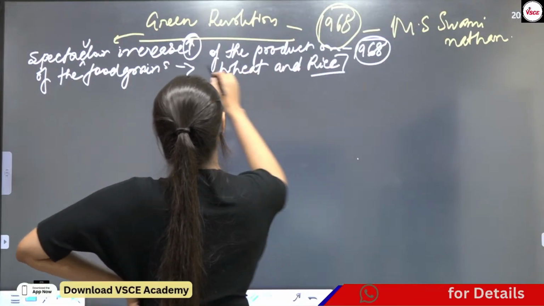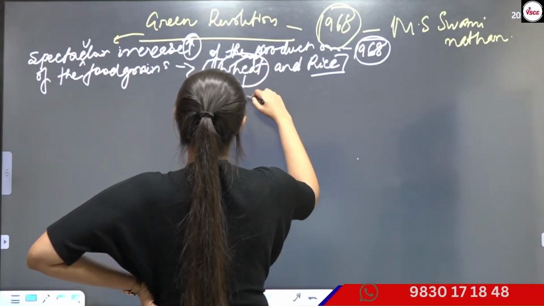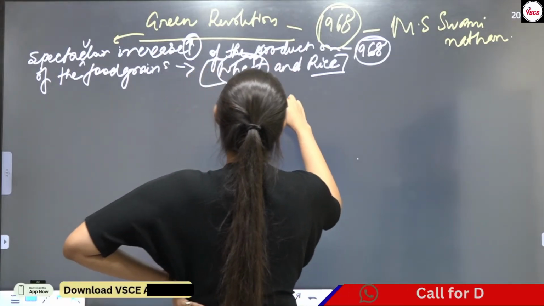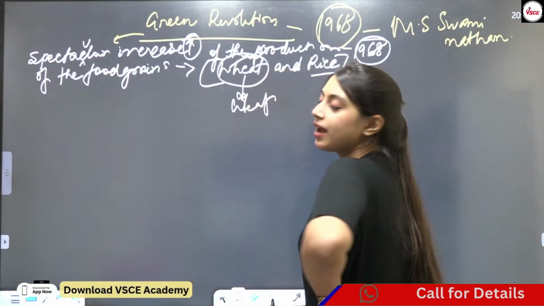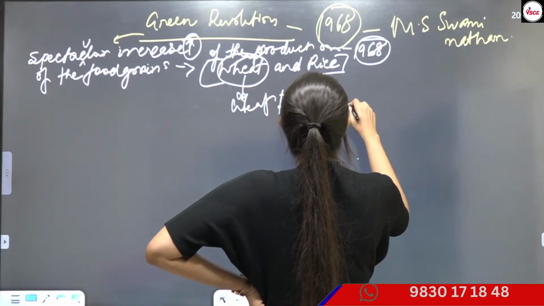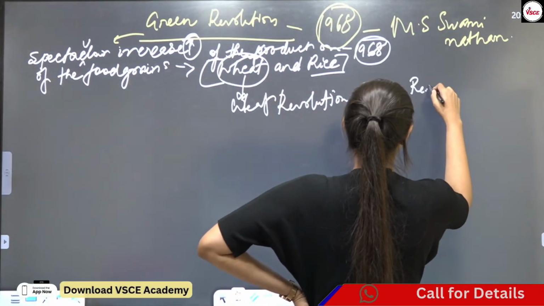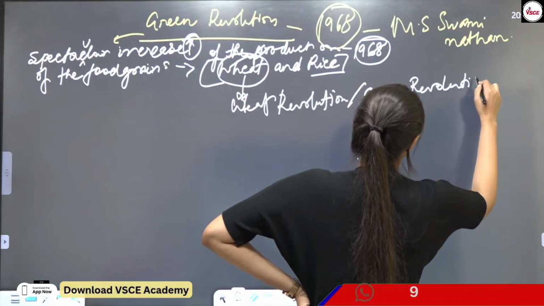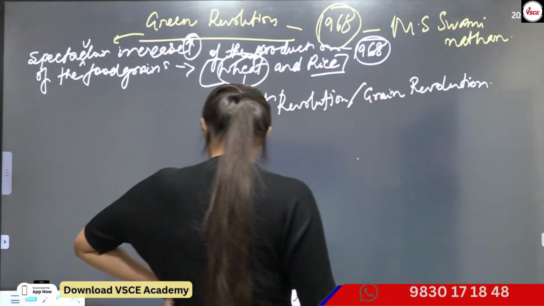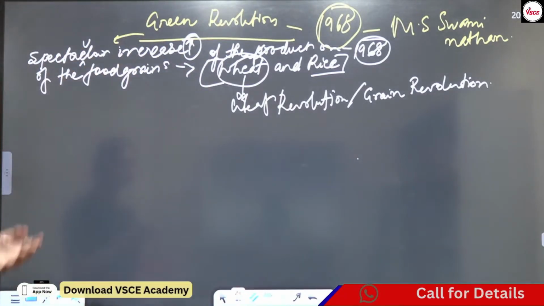Majorly. Now, who is to benefit the most is wheat. Therefore, it was also called wheat revolution or grain revolution. Wheat revolution or grain revolution. Okay? Understandable. Please look at it.